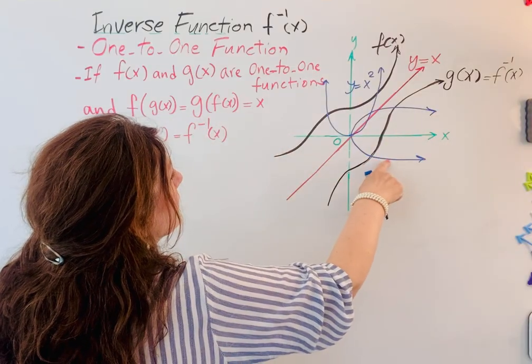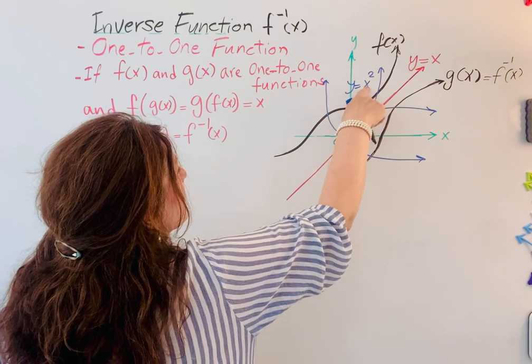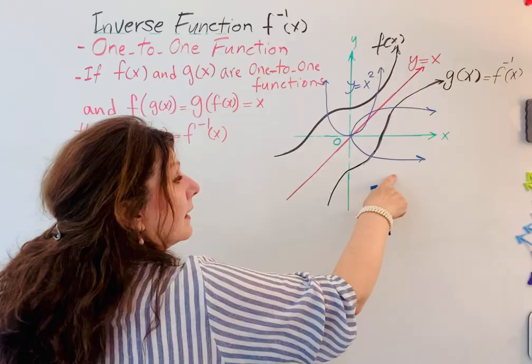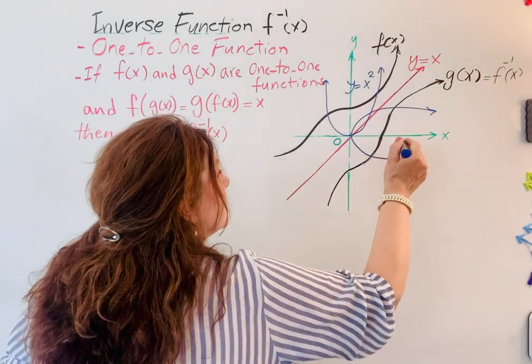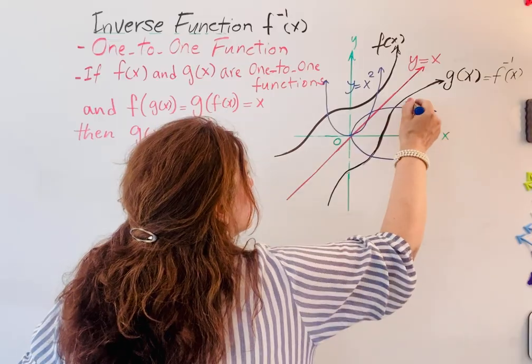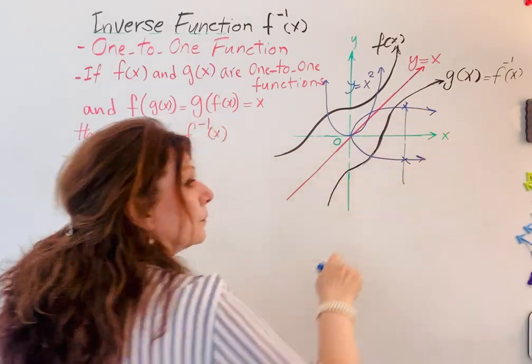This one is the reflection of y equals x squared across this line. But the problem is this one is not a function, because for one single x we have two y's.